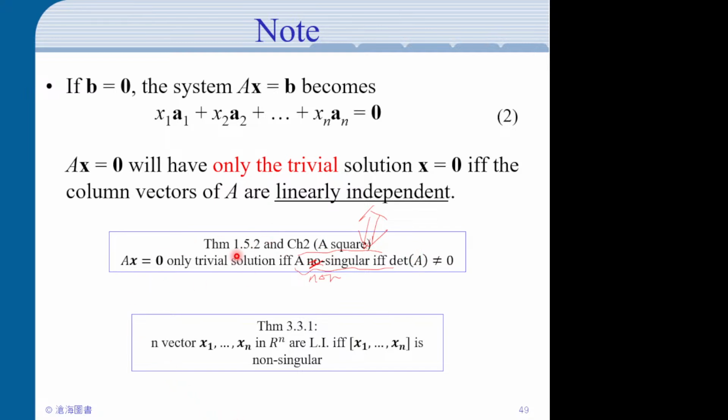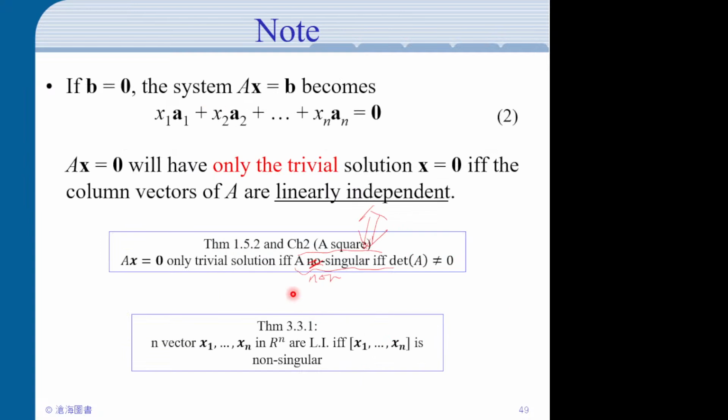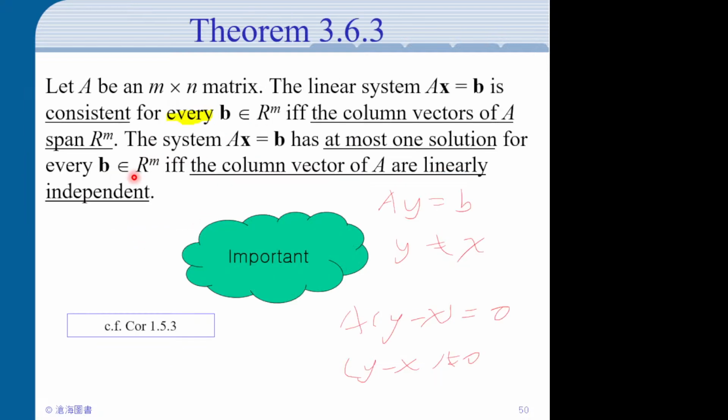Here we have no middle step because our A is not necessarily a square matrix. So that's for the solution to the homogeneous equation.